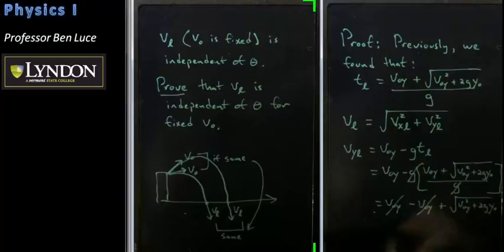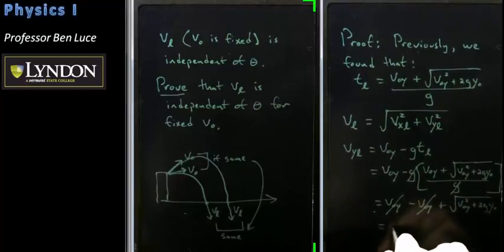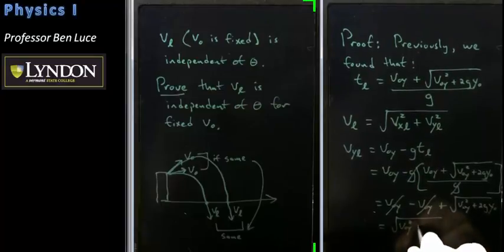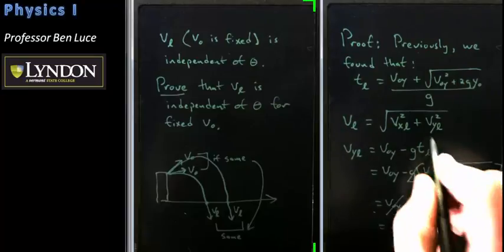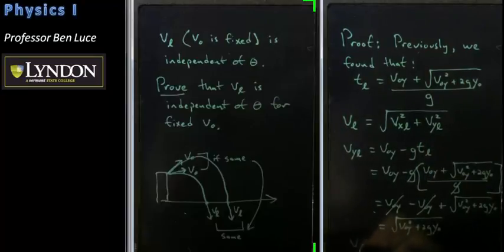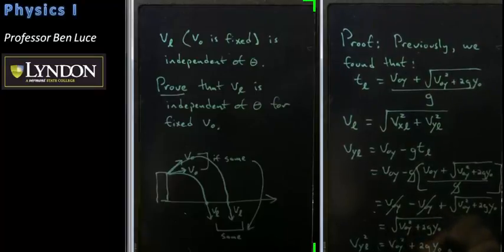Then the v naught y's cancel. So Vyl just equals this. So then immediately we have that Vyl squared is equal to just what's under the square root here. And that's a much simpler looking expression.